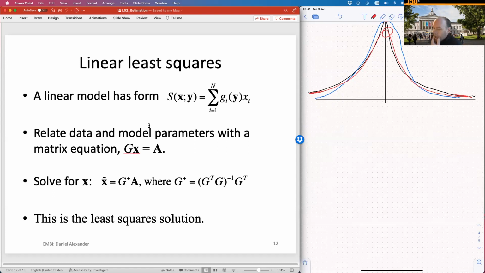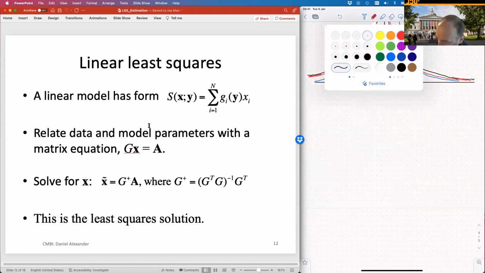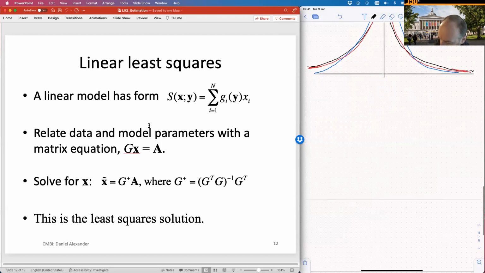So let's suppose we've got a number of different measurements. Let's suppose we've got a set of measurements A1 down to AK. And A1 is shorthand here.